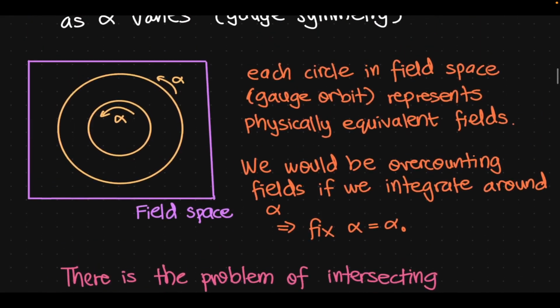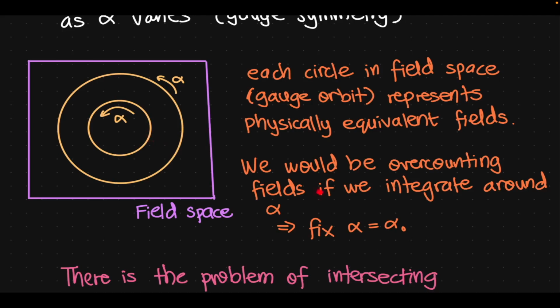Because we still don't know what direction of integration. What if, after fixing alpha to alpha naught, our integration path is such that we intersect back onto the first gauge orbit, for example, again? Then in our path integral, we would have a redundancy at the point of intersection in the gauge orbit.